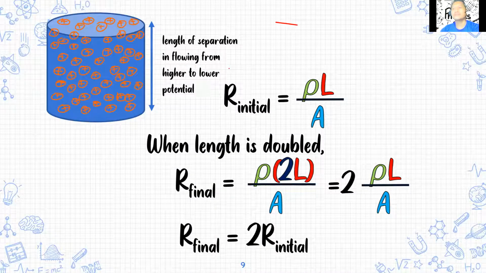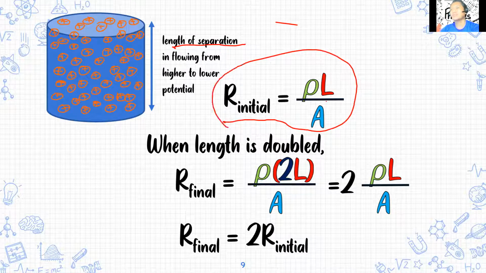Now, what if we change the length of separation? So initially, mo ni siya imong resistance, okay? Rho L over A. When length is doubled, so ang nahitabo is ilisa na to ang L with 2L. Okay? So ang imong final nga resistance now becomes this.